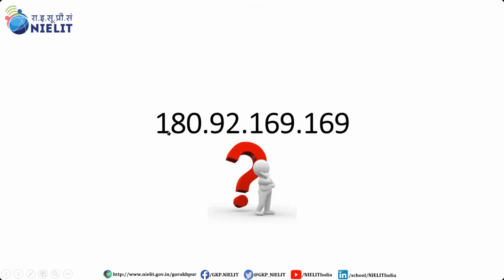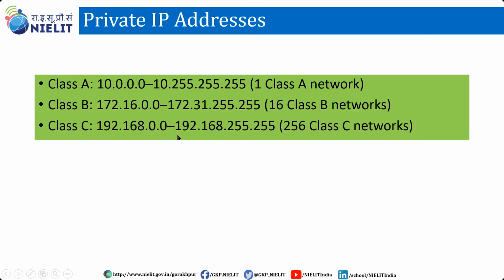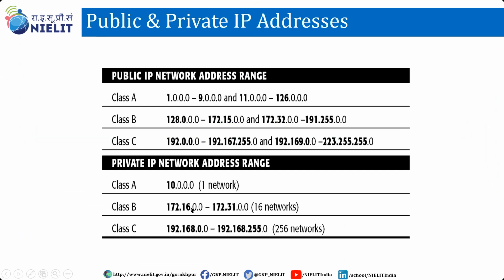Is the IP visible on this screen private or public? It is starting with 180. We need to compare which range this 180 falls in. 180 is not falling in the private IP ranges. It is coming in the range 172.32 to 191.255, so it is a class B public IP address.